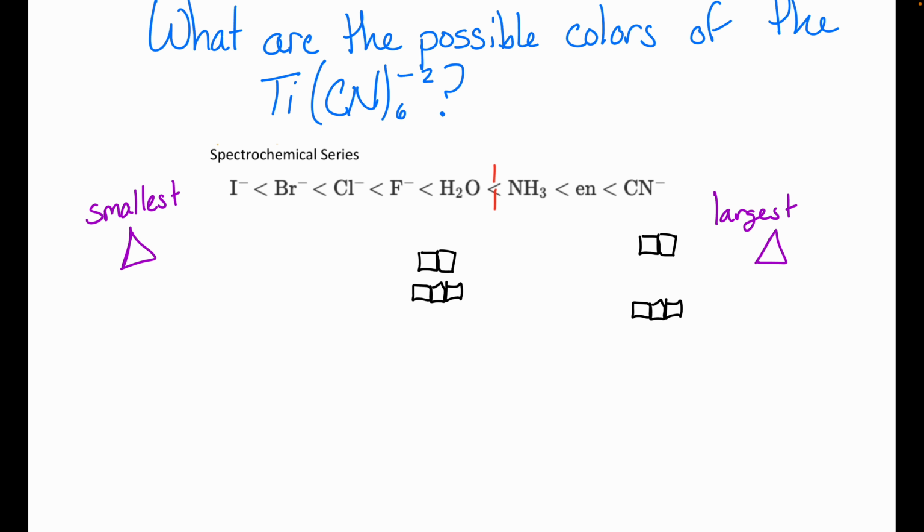All right, so let's go back to Einstein's equation here. All right, h and c are constants. They're not going to change here. So really we're looking at the relationship between this variable and this variable here. Right? And what we want to note is that they are inversely proportional.